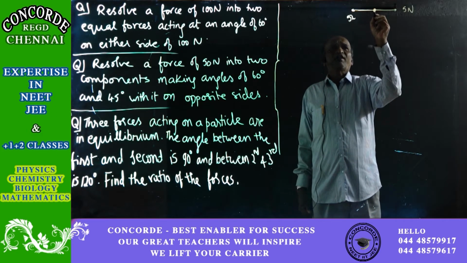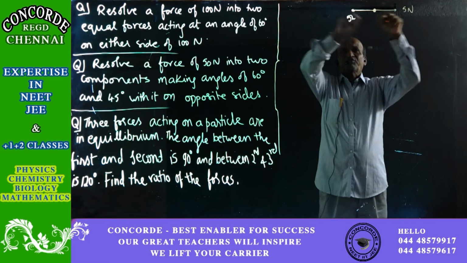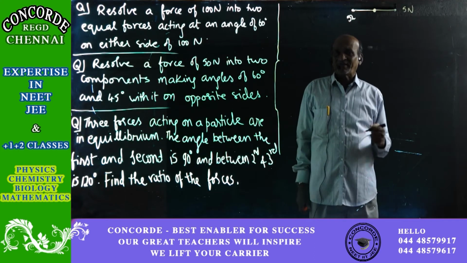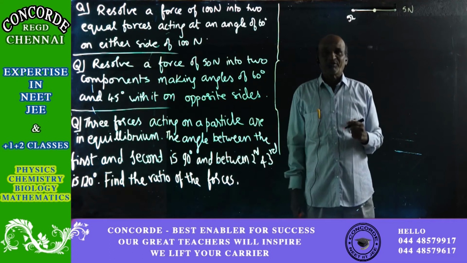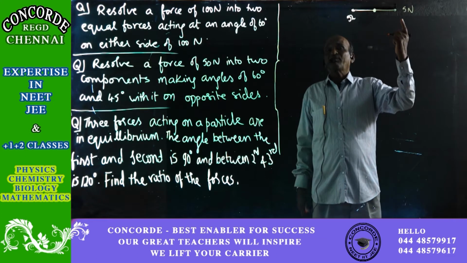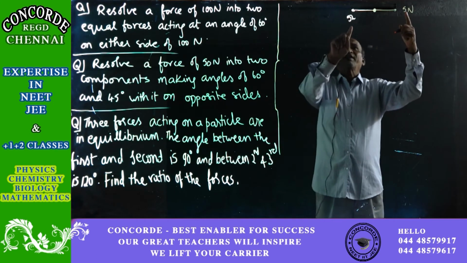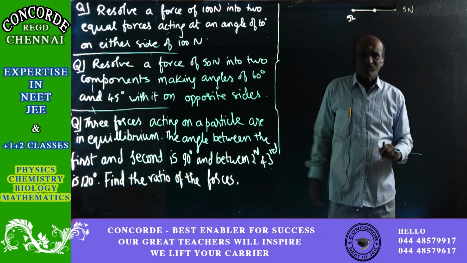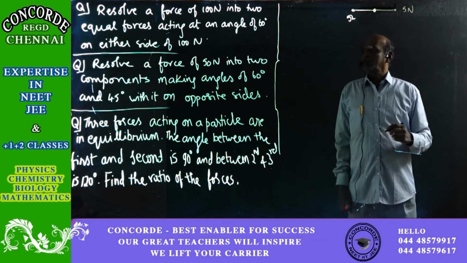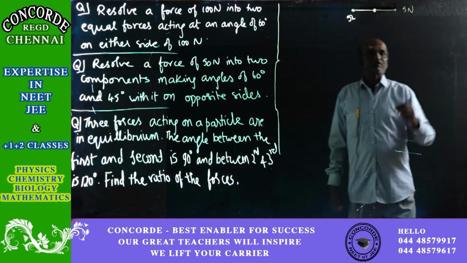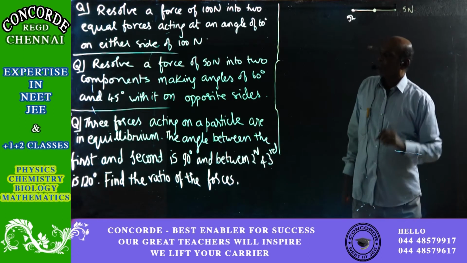So, this equal and opposite force will pull the body in the opposite direction, so the body won't move from that point. So, if there is one force to bring equilibrium, the other force must be equal and also in the opposite direction.